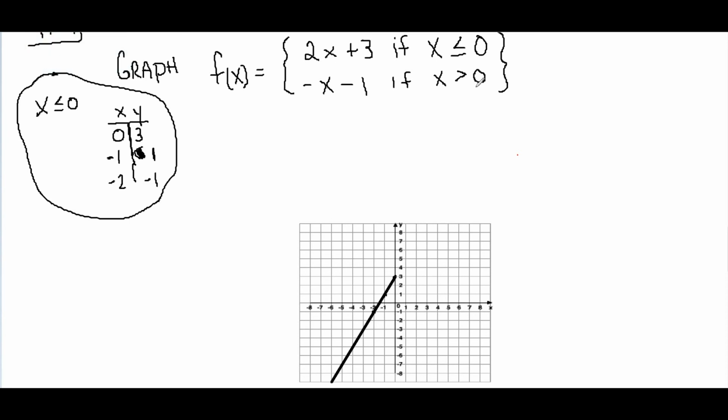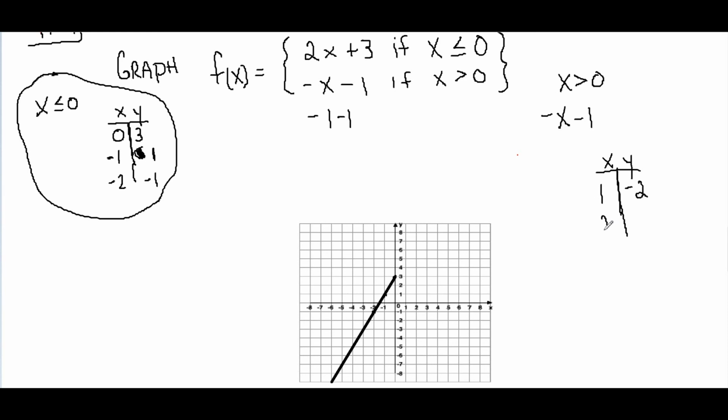Now I'll use the second equation for x greater than 0, which is -x minus 1. So I'll make another little T-chart here, picking all my values for x that are greater than 0. When x is 1, then y is going to be -1 minus 1, which is -2.